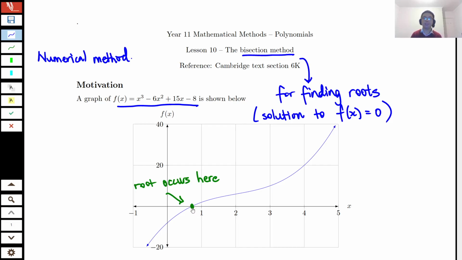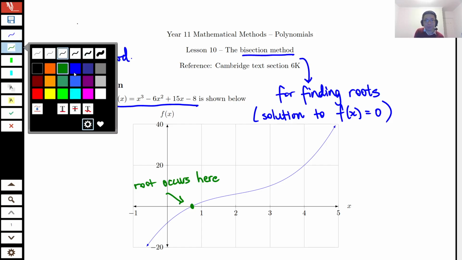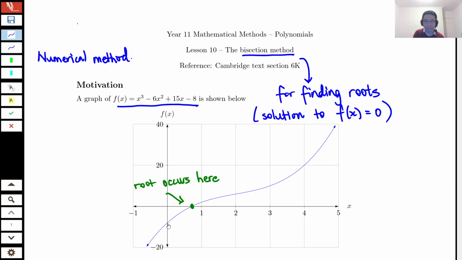It involves what is called a sign change. The thing I want you to notice is, let's say I pick 2 points. Let's say I take x equals 0. What I want you to notice is this value is negative.